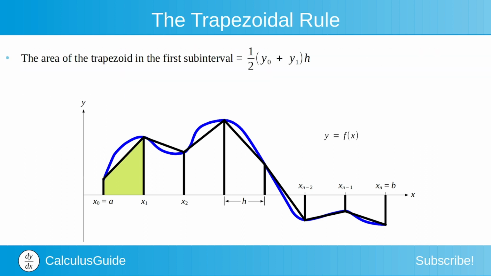The area of the trapezoid in the first subinterval is equal to a half multiplied by left bracket y0 plus y1 right bracket multiplied by h. The point x0, y0 is now highlighted on the graph below. The value y0 is the length of the line segment now highlighted.